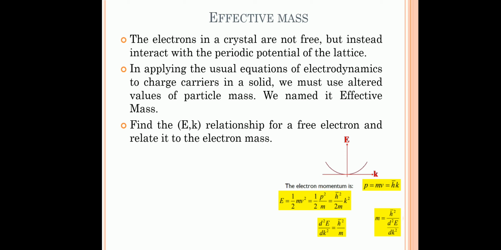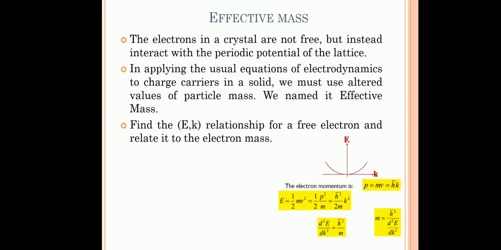So we can't apply the electron mass at rest to a crystal. In those cases we use some altered values of mass, and that mass is called the effective mass. That means it is the mass that the electron seems to have when interacting with other identical particles in a thermal distribution.